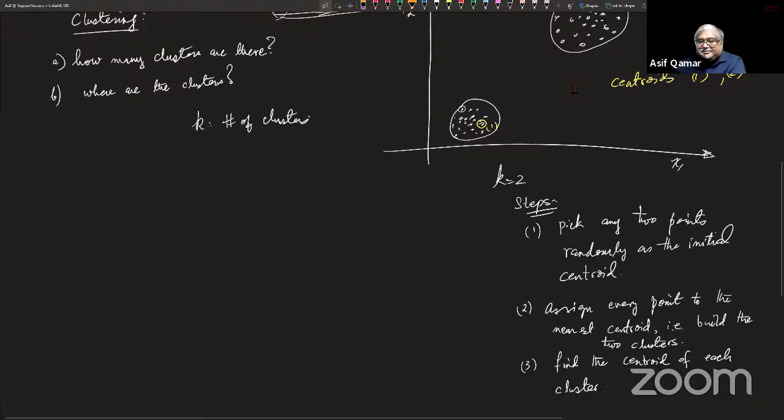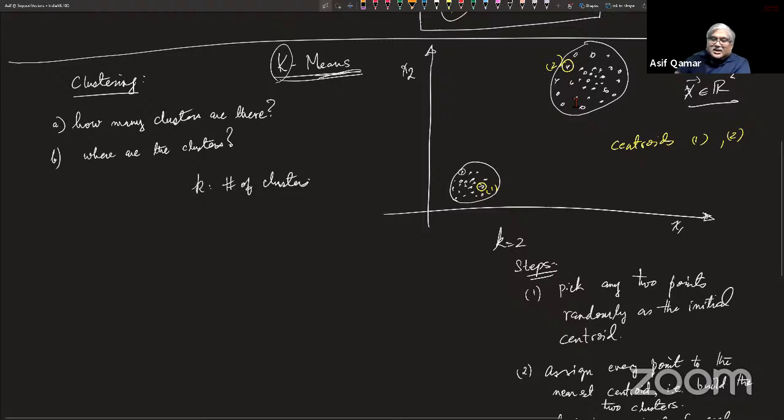So if I look at this picture, let us draw the mean. Would it be fair to say that the mean would be, let's say, somewhere here? This is the mean or the center of gravity or the center of this cluster. And the mean of this perhaps is somewhere here. Would that be reasonable?